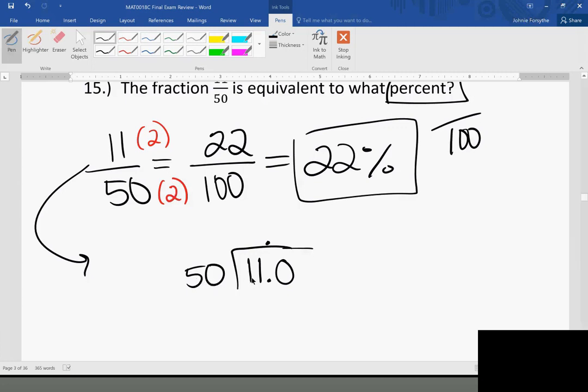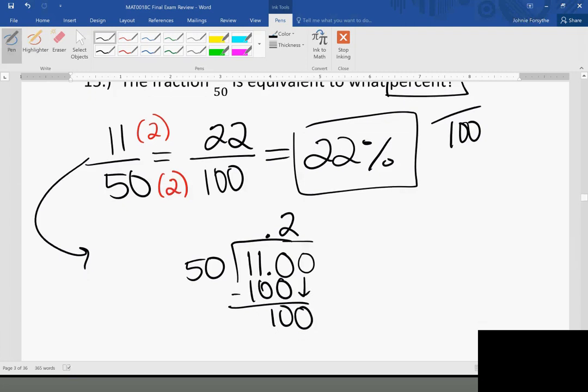So 50 divides into 110 2 times, because 2 times 50 is 100. Then if I subtract, I'll have 10. And then I would look at another 0 and bring it down. And so now 50 divides into 100 2 times. 2 times 50 is 100 with a 0 remainder.